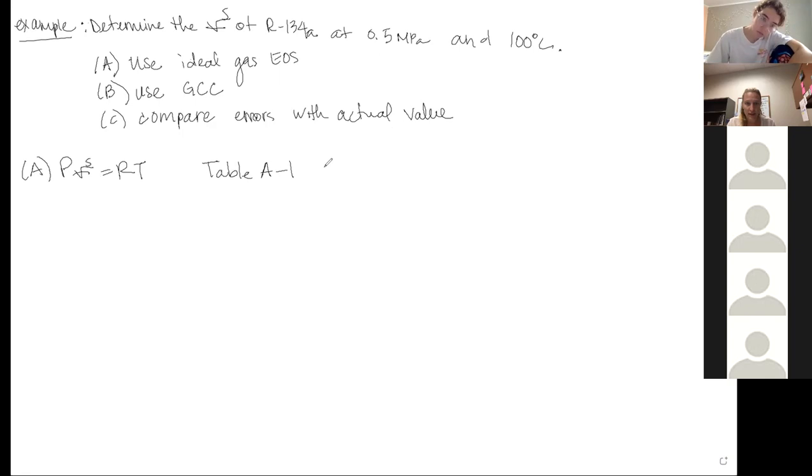So the gas constant R, which has units of kilojoules per kilogram Kelvin, for R134A: I go all the way down to tetrafluoroethane, parentheses R134A. It's the fourth up from the bottom. I can go across to the gas constant, and the gas constant here is 0.08149 kilojoules per kilogram Kelvin.